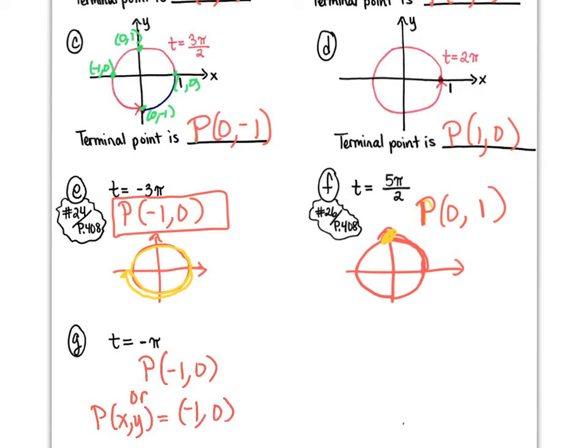Either one. So if you're drawing it, then you start here at (1, 0), and then you're going in the negative direction to negative pi here. Okay? Does that make sense? What questions do you have so far? Okay, all right.